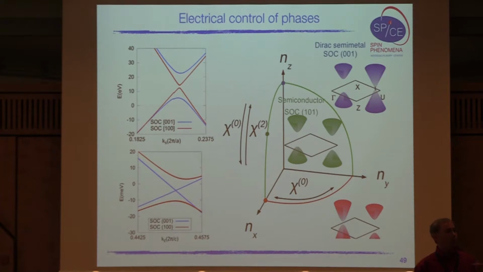So you control topological phases via a current, by manipulating the current itself directly. This is just a highlight of what you will hear on Thursday, I believe, in the talk.